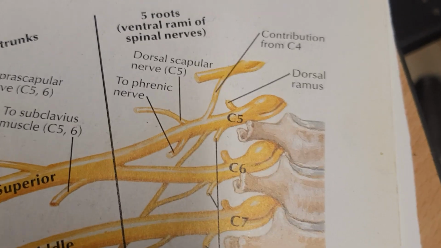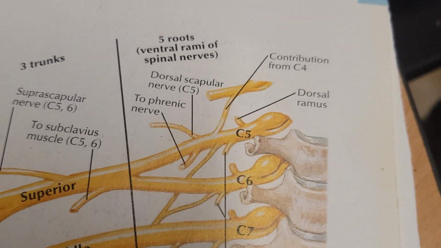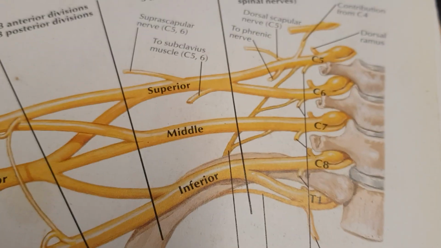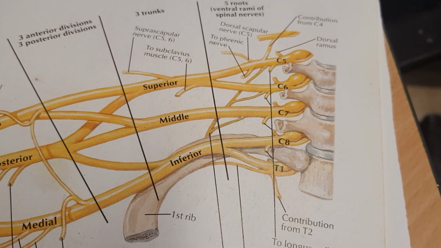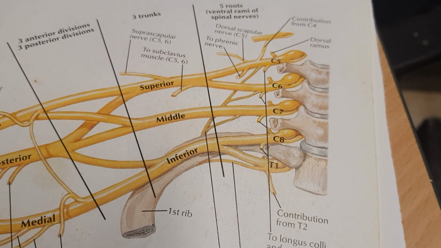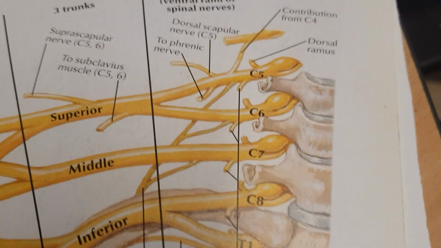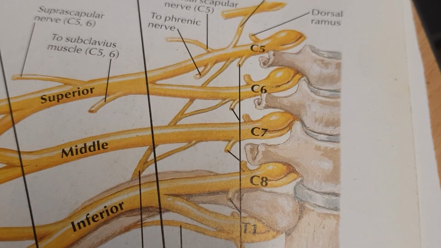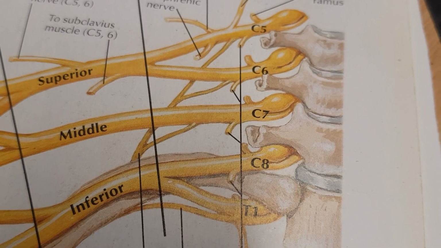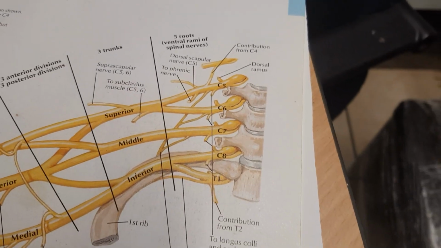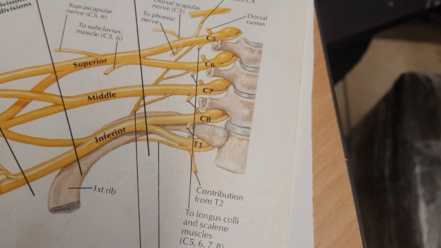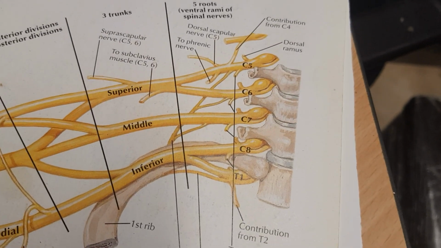So the function of the diaphragm is completely dependent on the integrity of the phrenic nerve. Any damage to the phrenic nerve will affect our respiration. It's a very, very important nerve, the phrenic nerve.